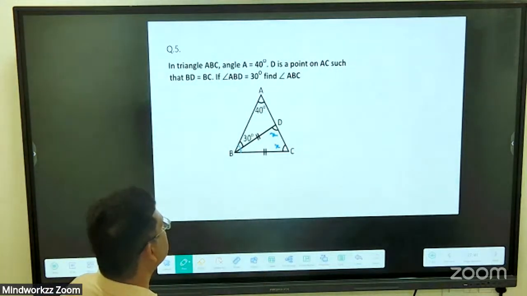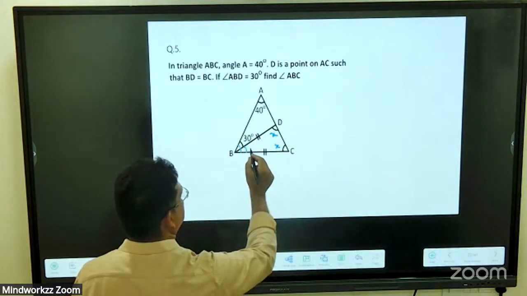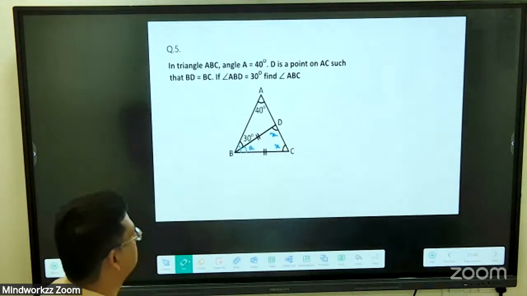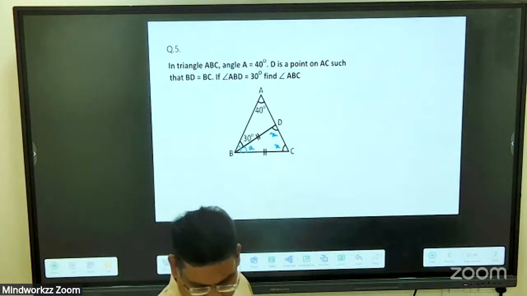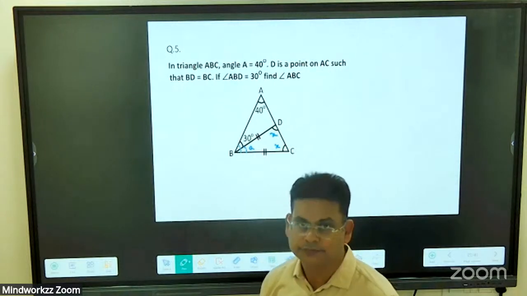Now in this triangle, 2x plus A is what? 180 degrees. I hope this is clear.